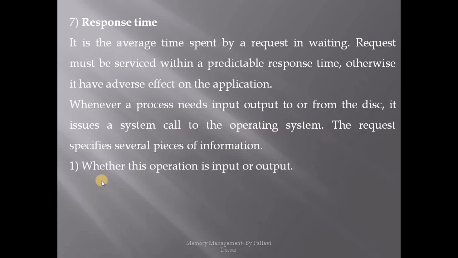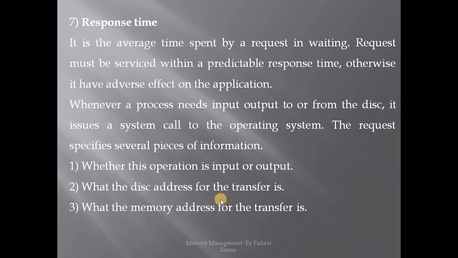The first may be whether this operation is input or output. So the system call which we are giving is for input or it is for output. The second argument may be what the disk address for the transfer is. That is, what will be the cylinder number or track number or sector number from which we have to read information or we have to write information.